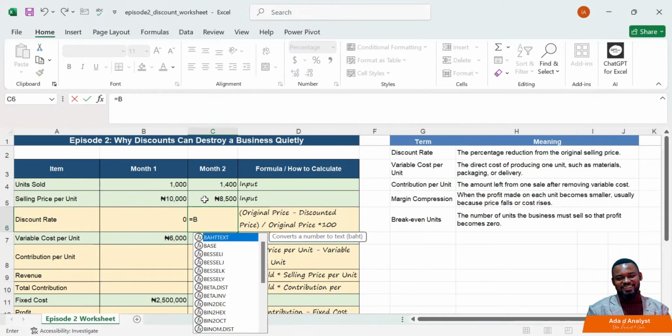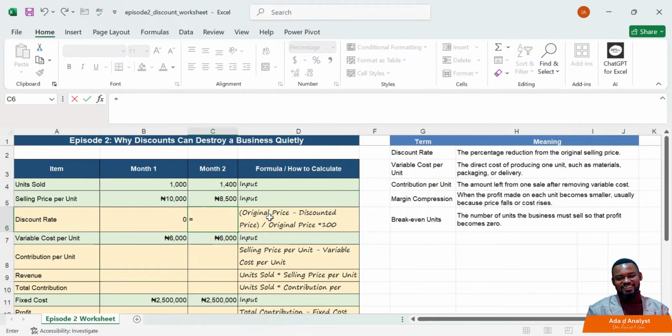To do that, we'll say equals original price, which is 10,000, right? So just open parentheses and say this, which is 10,000 and represents the original price, minus the discounted price. In month 2, the price was discounted to 8,500. So that is it, and it's in C5. We'll close our parentheses.